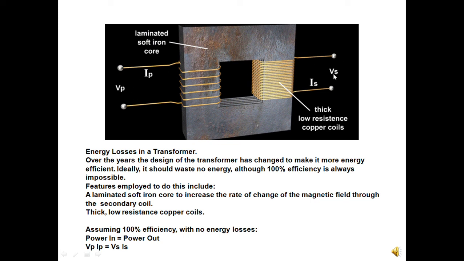If I make that twice as big as that, then that has to be half the size of that, so that this times this equals this times this. So by stepping up the PD, we're stepping down the current, which is where step-up transformers come into the national grid, of course, because by stepping up the PD, you are stepping down the current, which means you reduce the heating of the cables, so you increase the efficiency.